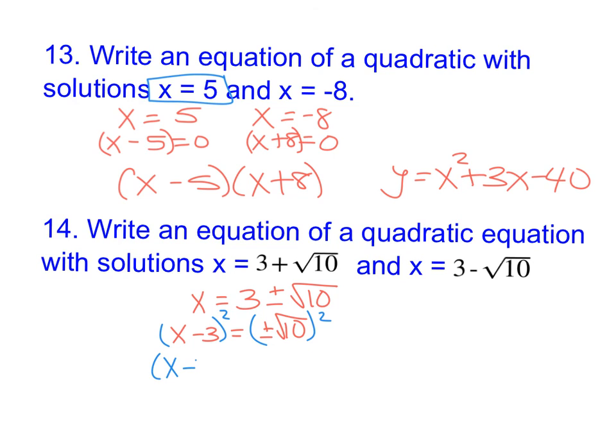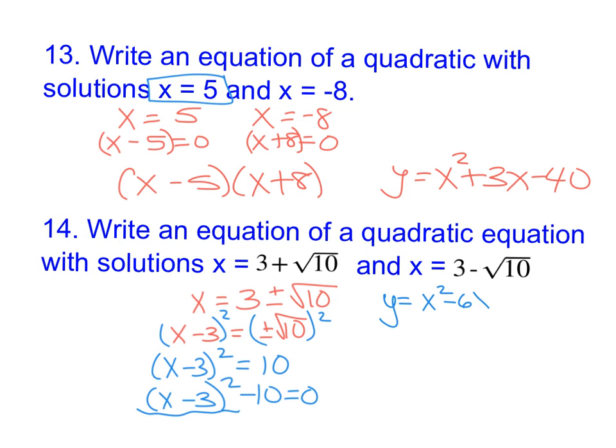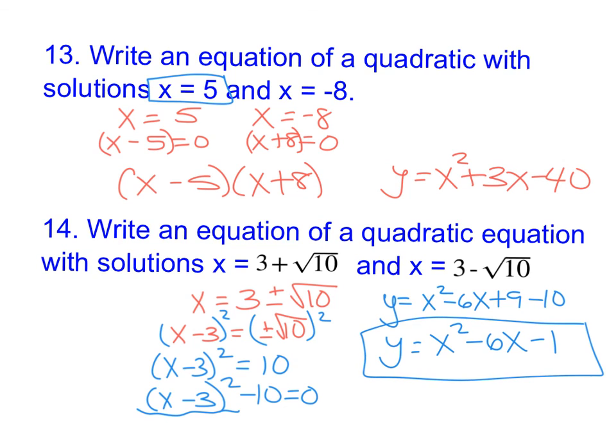So x minus 3 quantity squared equals 10, and then subtract 10. So my equation is y equals, or you could do 0 equals. I'm going to multiply that whole thing out. So x squared minus 6x plus 9 minus 10. So y equals x squared minus 6x minus 1. And that's my answer.